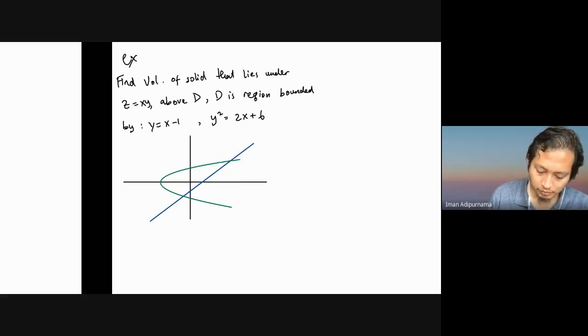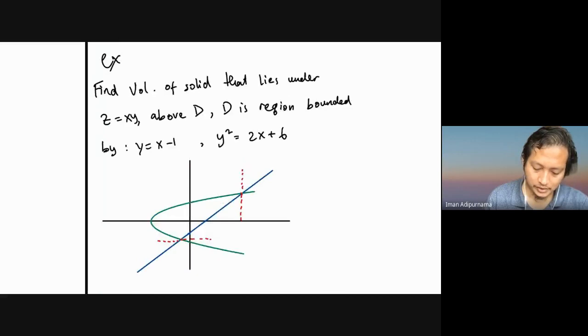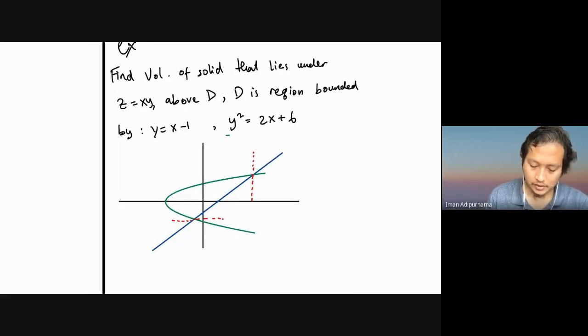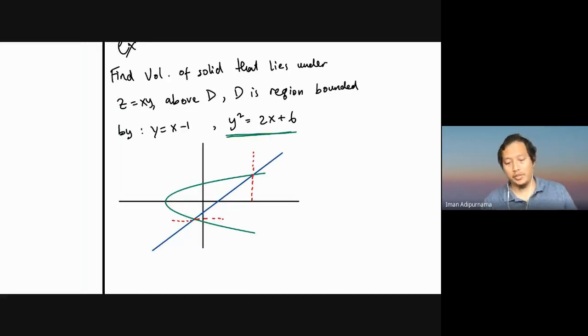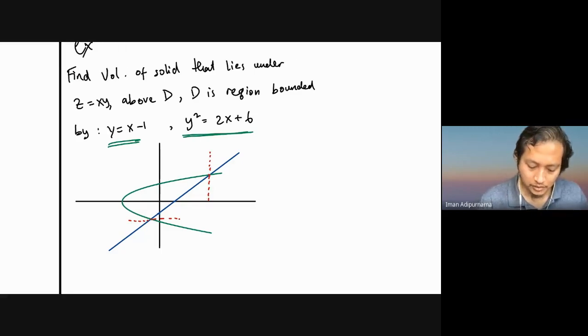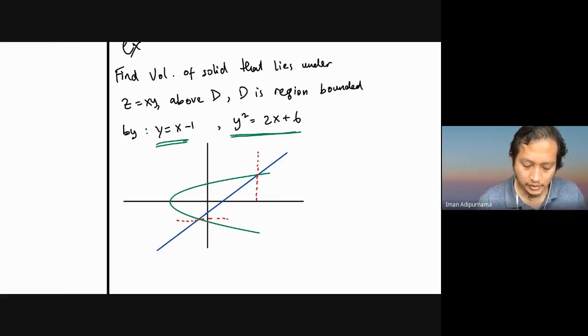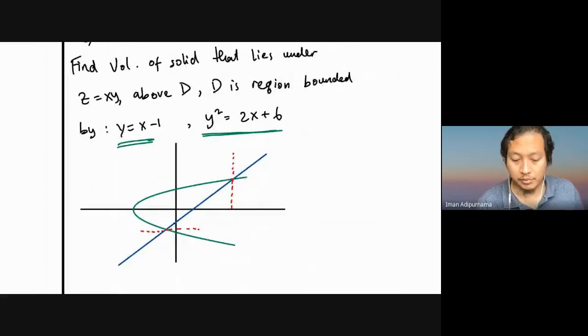So first, we need to find this intersection here and here, right? If we look at the function y squared, to be able to make the connection between these two equations, you need to think which one is preferable. So instead of writing in terms of y, we can solve it in terms of x.